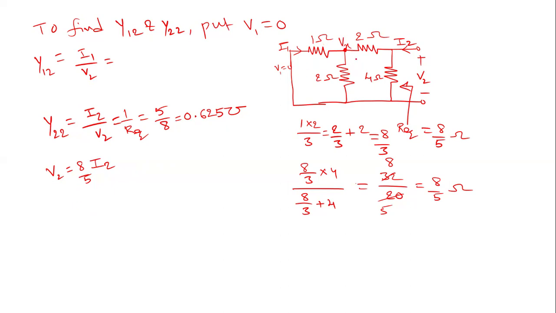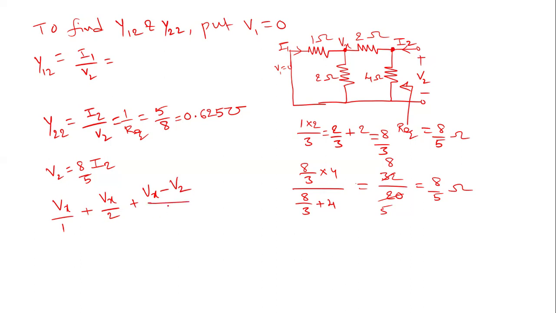If we write the node equation, so that we can have the relation between V2 and I1: Vx by 1 is a leaving current, Vx by 2 is another leaving current, plus Vx minus V2 divided by 2, since this node voltage is V2.